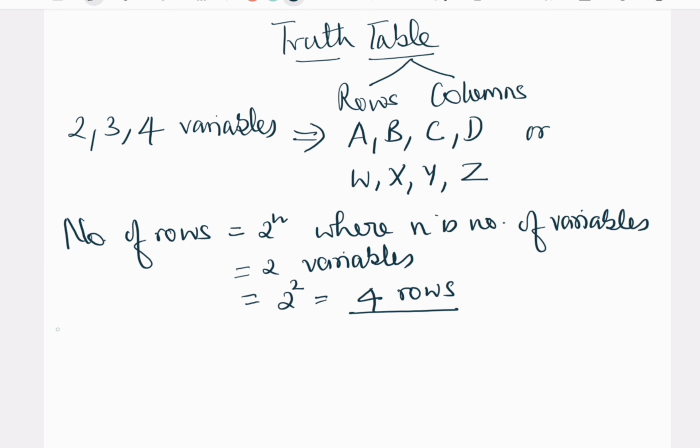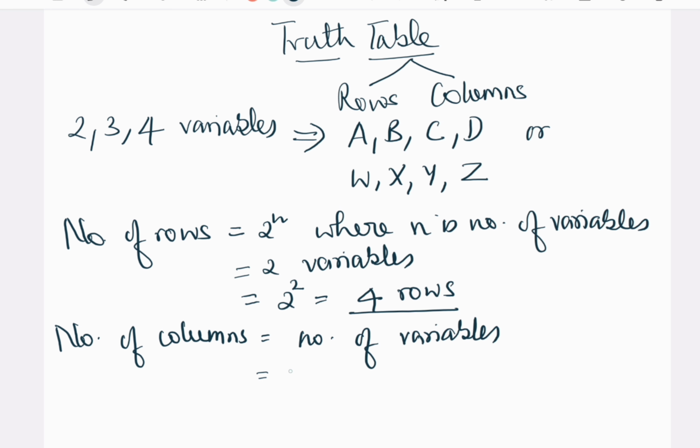Now let's decide on the number of columns. The number of columns is very straightforward. It's equal to the number of variables. So if you have 2 variables, it is going to be 2 columns.